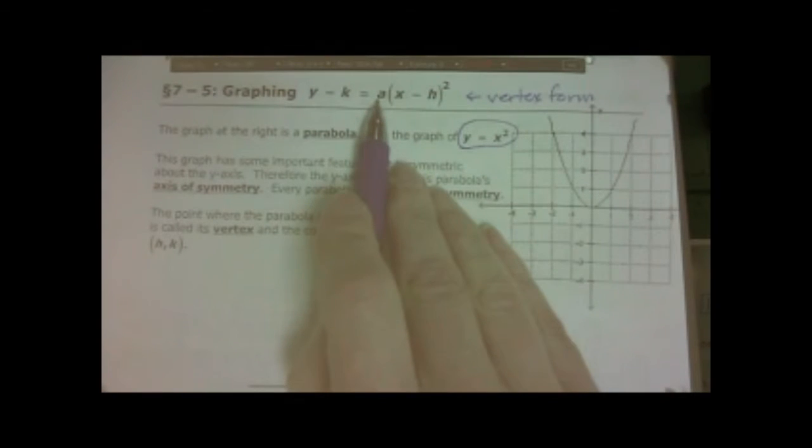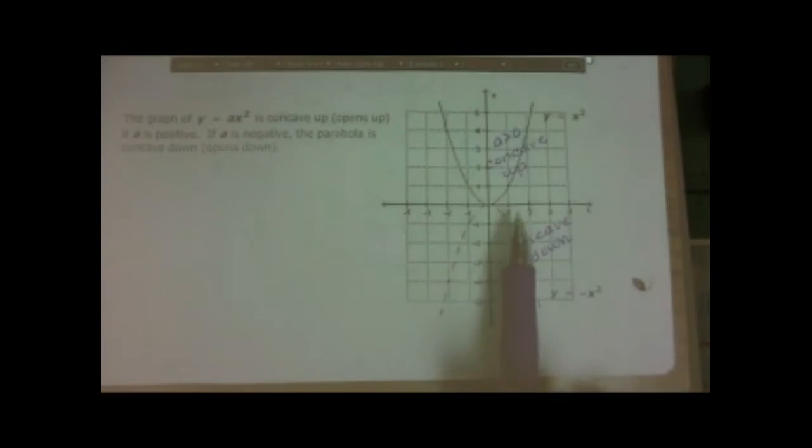Now in our equation for a parabola, if A is positive, and let me remind you where A is, it's right here. If A is positive, this is going to be concave up. If A is negative, it is concave down.